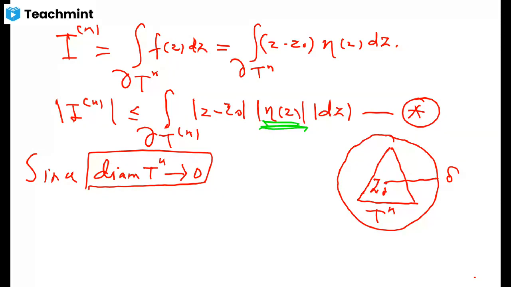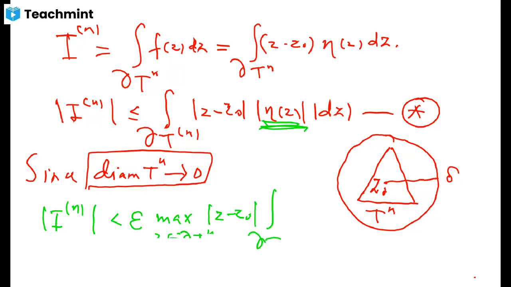So from star, I will have the modulus of In less than epsilon times the maximum of the modulus of z minus z naught over the boundary of Tn, times the integral over the boundary of Tn of mod dz.